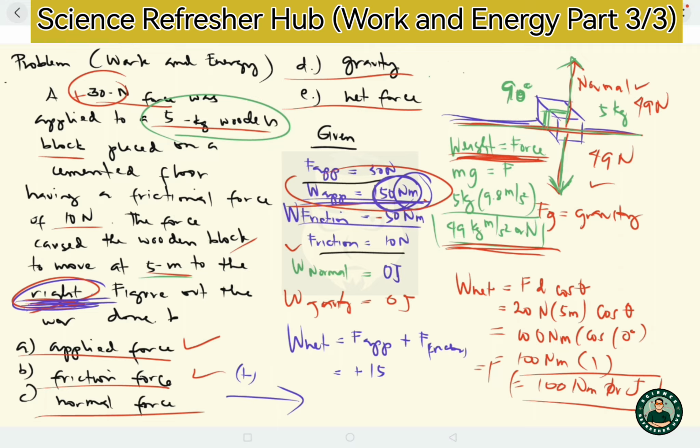That's going to be positive 150 joules. And our friction force is always opposing. It's going to be negative. So we have minus, not 10, but the work done by friction force is 50 joules. The answer, 150 minus 50, is going to be positive 100 joules. Same as our solution here.